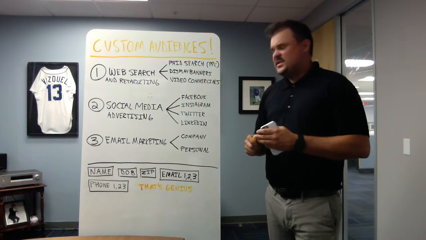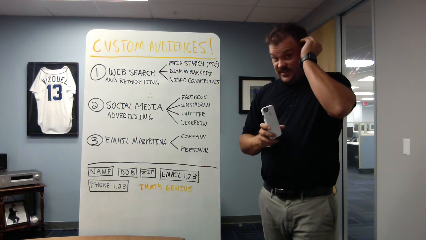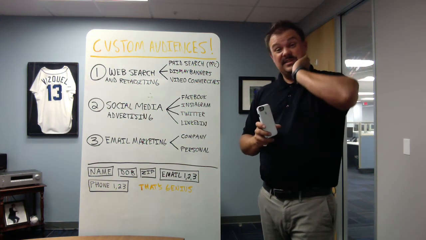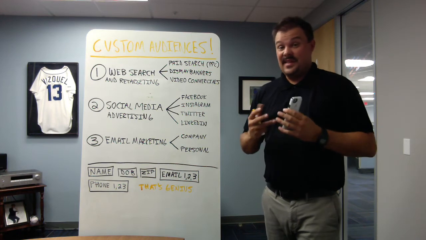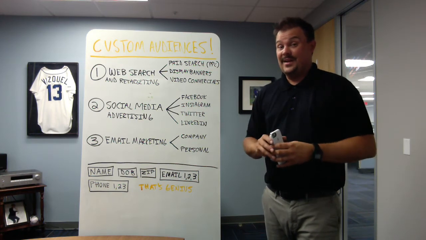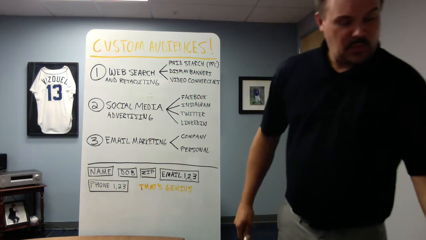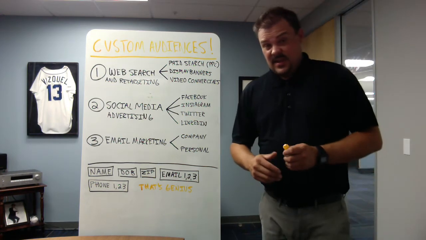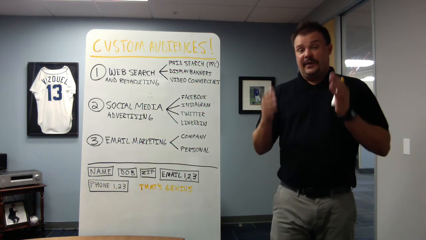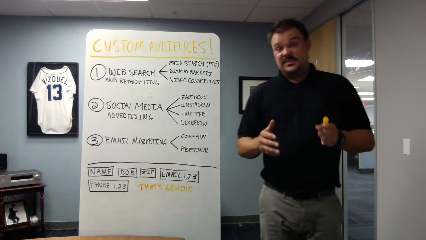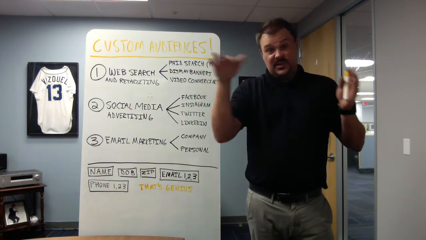All right, let's talk about what goes into a custom audience, because this really is the secret sauce to what makes them work. And this is what a lot of people don't know. Really all you're doing when you use a custom audience is uploading a file, specifically an Excel file that has rows and columns.